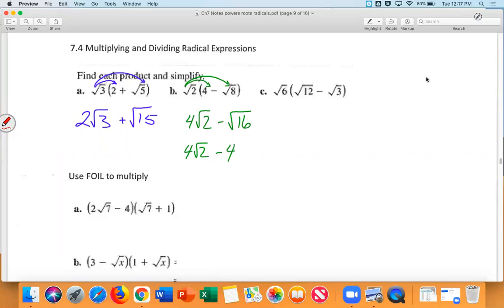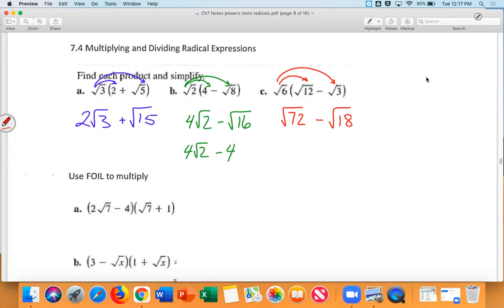Kaylin, when I'm doing C, I'm going to do root 6 times root 12. That's going to be root 72. Are you okay with that, Caleb? Now I'm going to do root 6 times root 3. That's going to be minus root 18. Now, Justin, you're pretty good at breaking these down, correct?